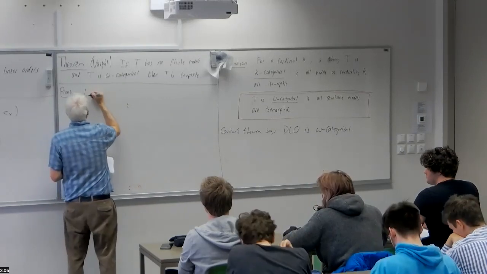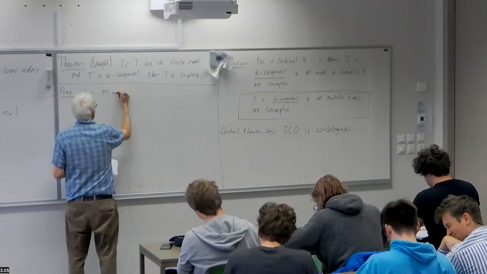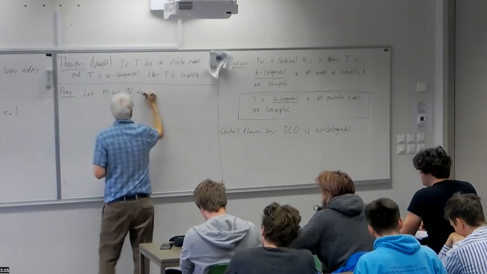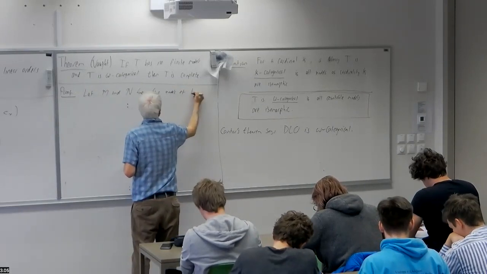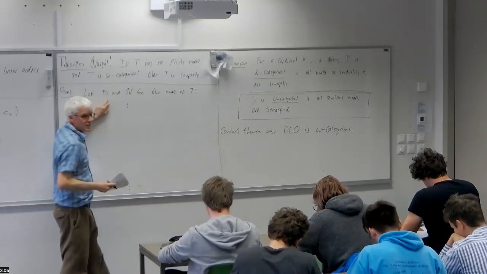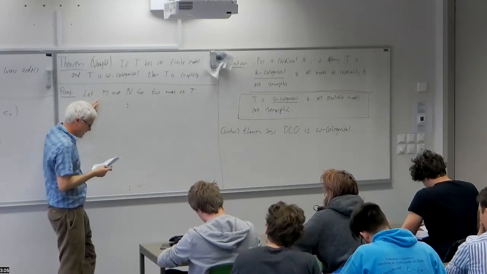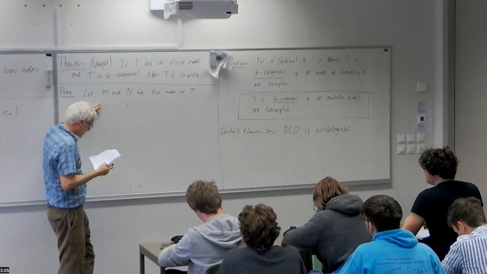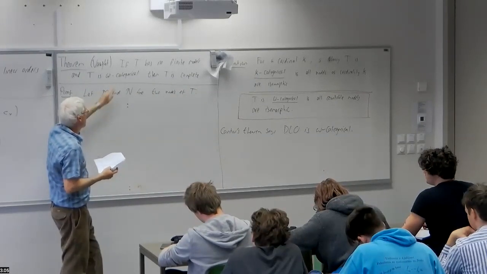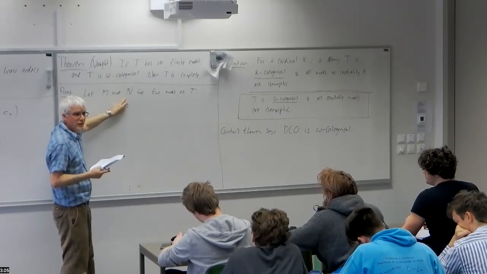So let M and N be 2 models of T. I'm assuming that T has a countable signature, as I've said several times. Since it has no finite models, they're necessarily infinite.